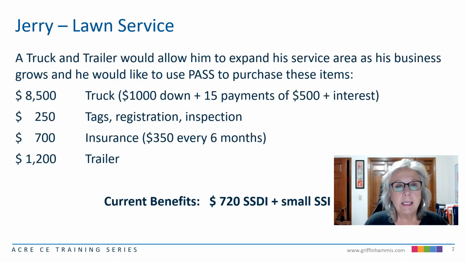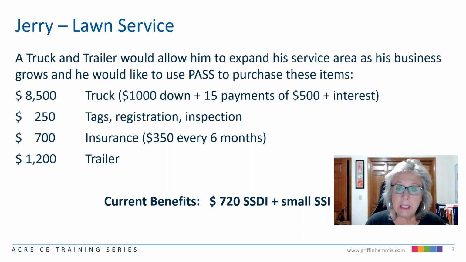He also needs tags and registration and inspection for the vehicle, which he figures will run around $250. His first year insurance will be $700 paid in two installments of $350 each, and a $1,200 trailer. And having these things will allow him to expand his territory and eventually get more customers.